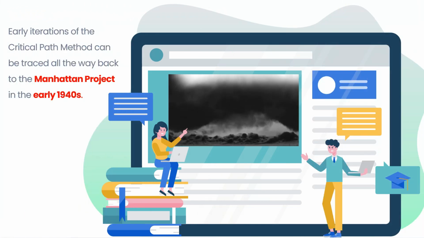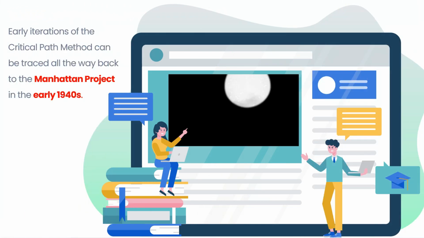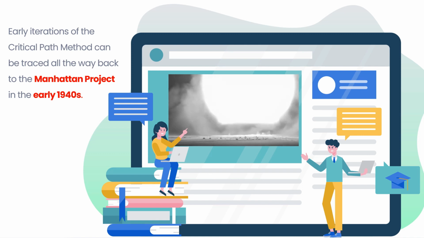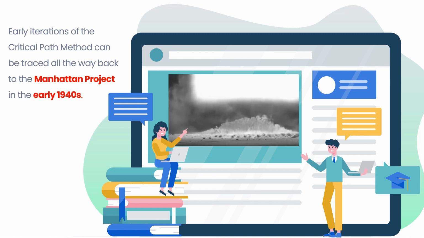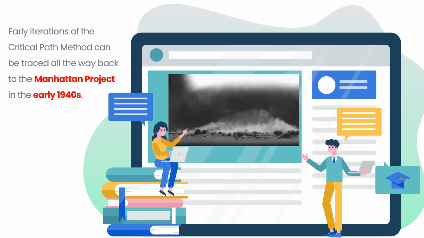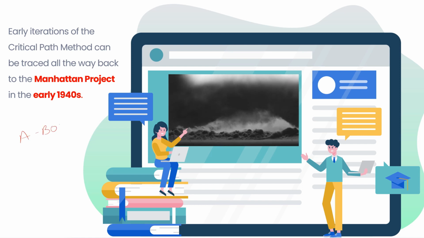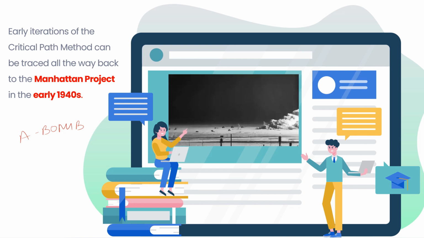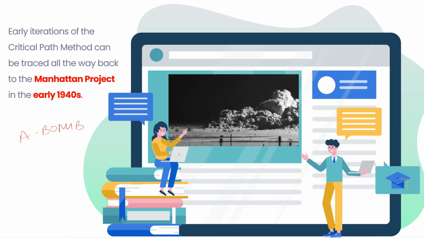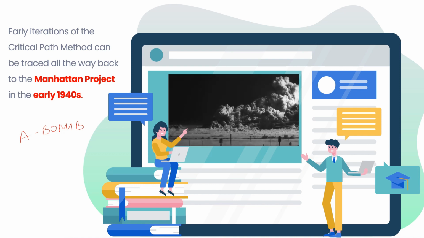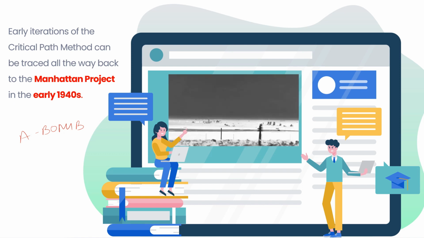So if you talk about the history of project management and the CPM, it all started with the Manhattan Project, right? Remember, the Manhattan Project was utilized to develop the A-bomb, which basically ended World War II. And this was when the CPM technique was first utilized, to develop the atomic bomb in the Manhattan Project, in the early 1940s.